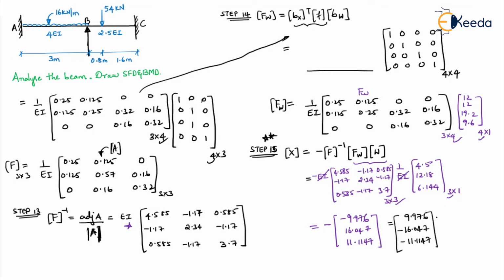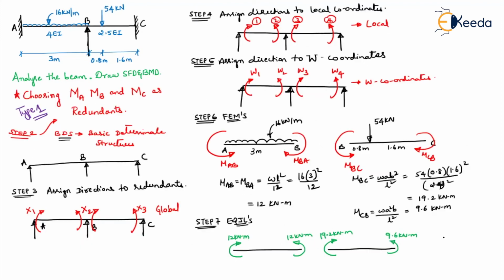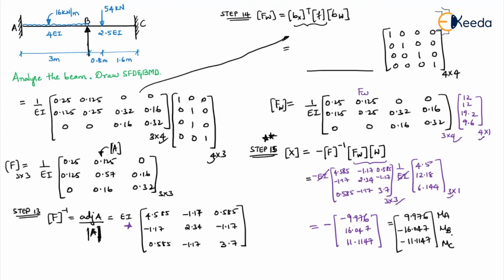So what is this? This is your NA, NB, and NC. This is what we had assumed as x1, x2, x3, right? This is your x1, x2, and x3.